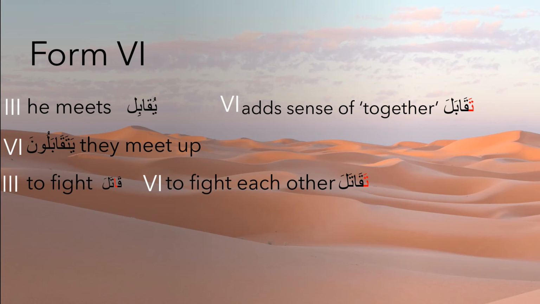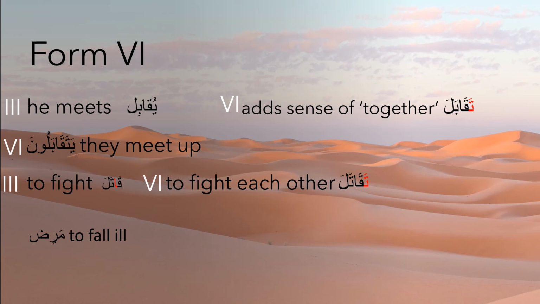So the defining feature of Form 6 is still the alif after the first letter that we had in Form 3, but we also have the ta at the beginning. There's also a really nice meaning that it can have this sense of pretending to do something. So for example, marida means to fall ill.